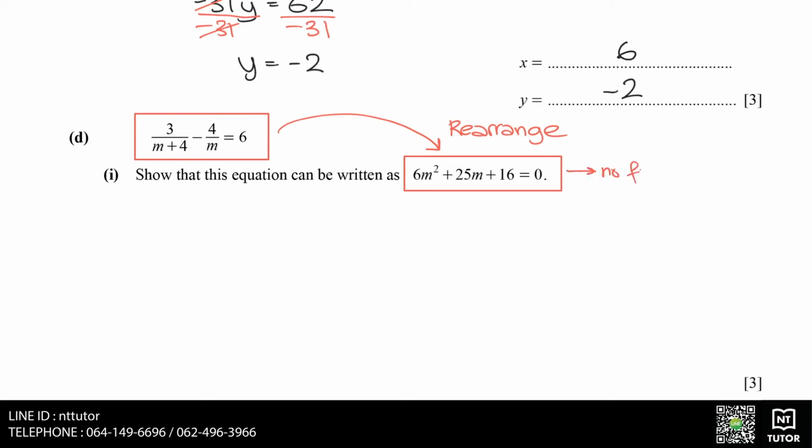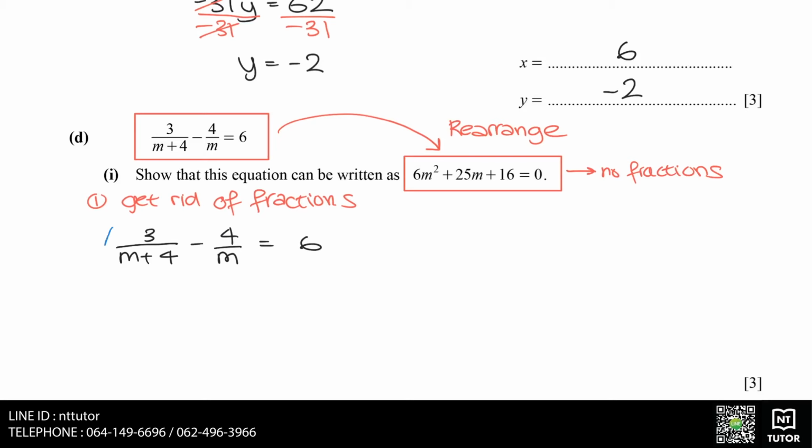So the first step should be to get rid of the fractions, and we can do that by multiplying both sides of the expression by the product of all the denominators.